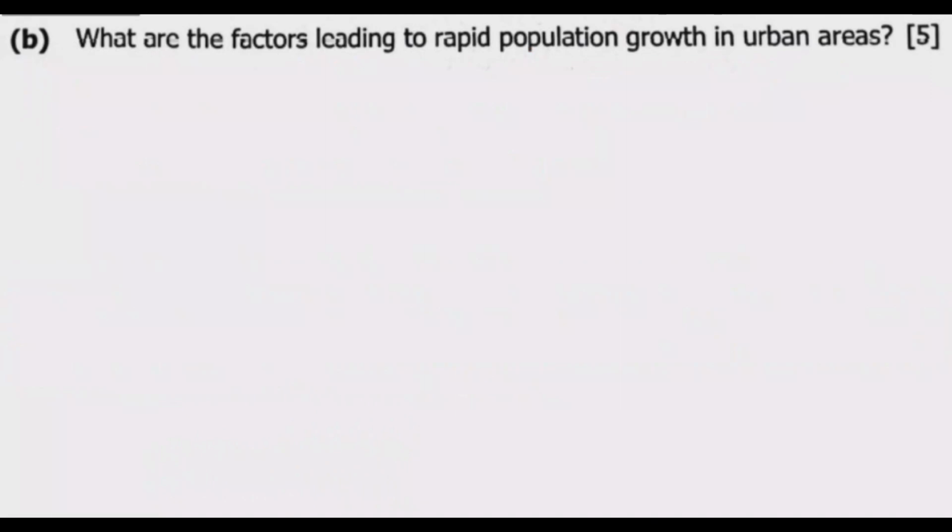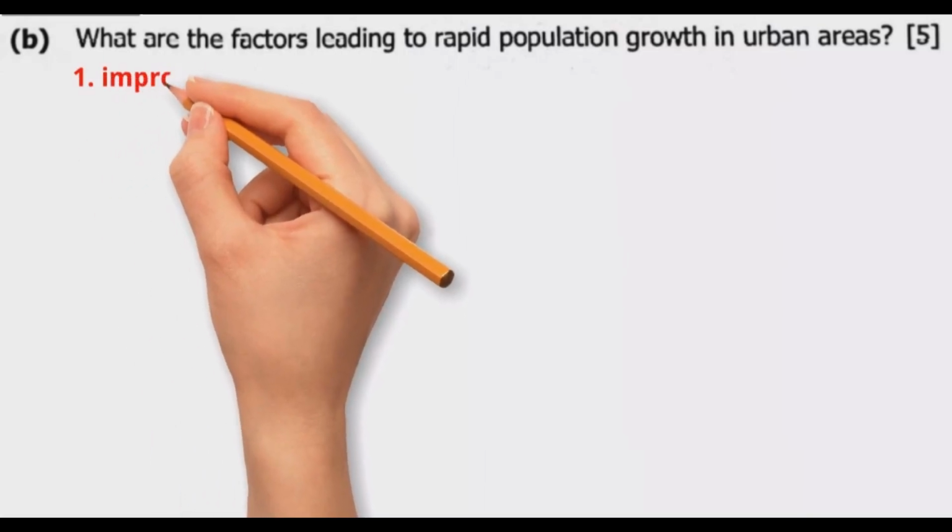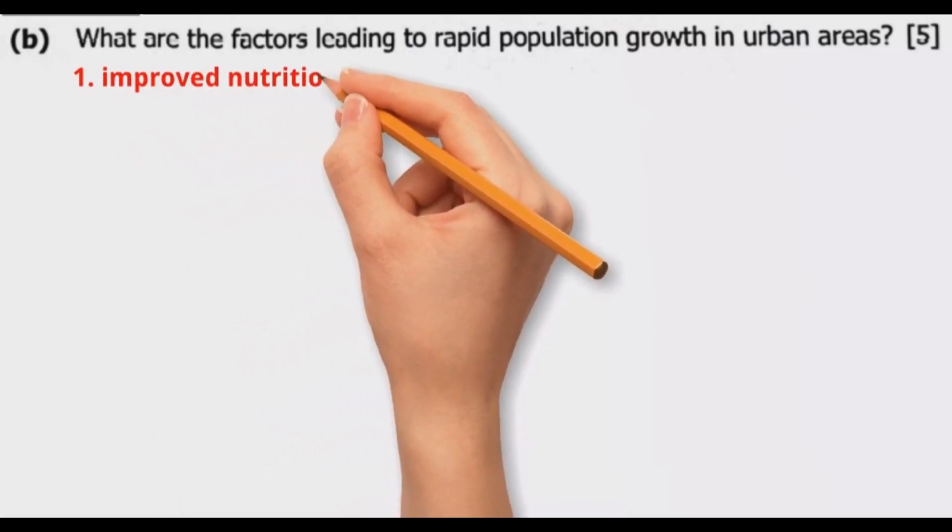Question 2b is as follows. What are the factors leading to rapid population growth in urban areas? Okay, so let's come up with points. Number 1, improved nutrition.